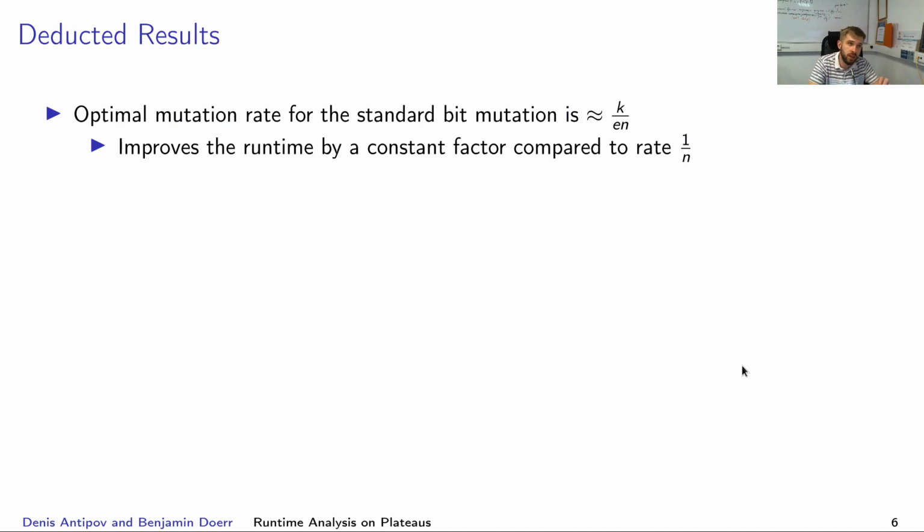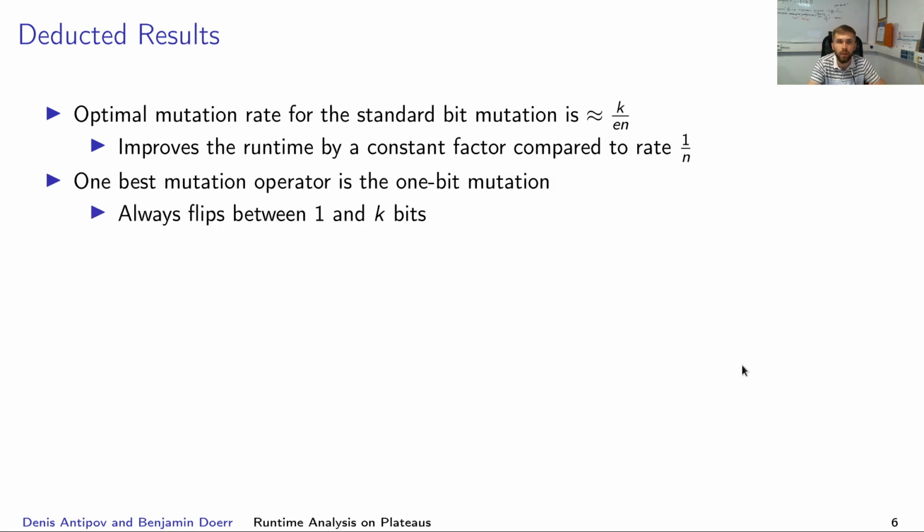From our main result, we deduced several corollaries. For example, we showed that the optimal mutation rate with standard bit mutation is k over en, and it gives us a constant improvement in the runtime compared to the standard recommendation of 1 over n. We also showed that it is a good idea to use the one-bit mutation because it maximizes the probability that we flip between 1 and k bits.